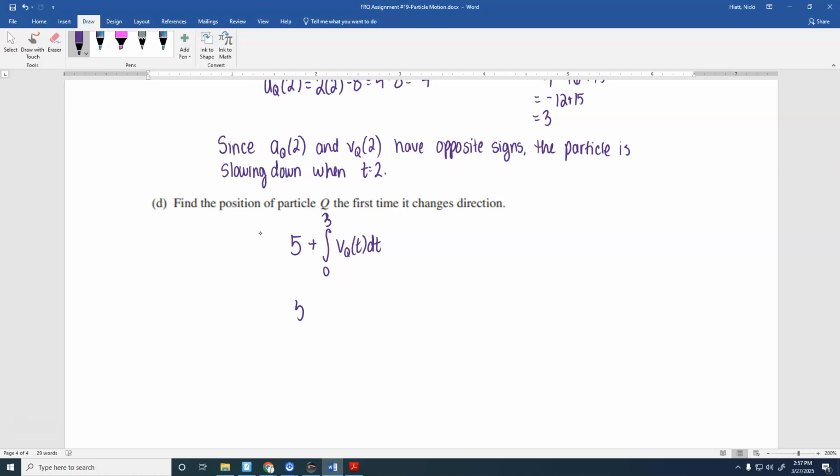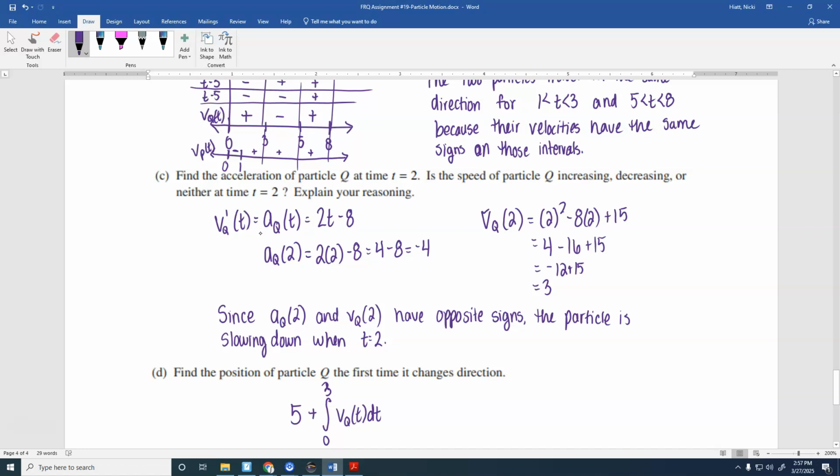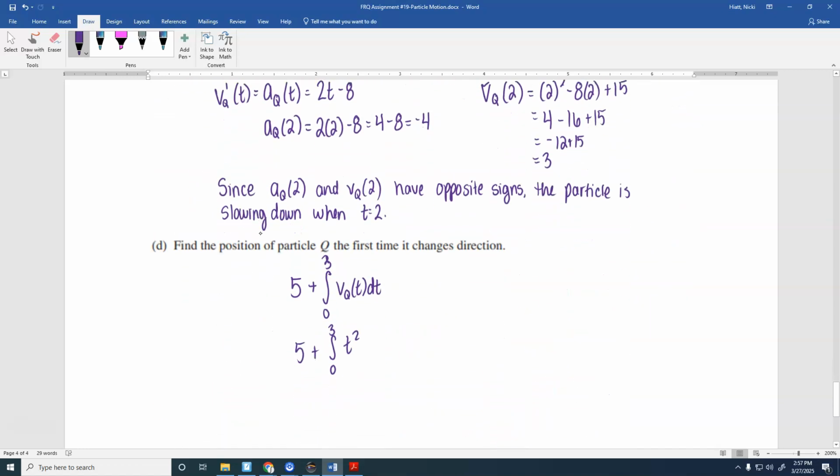And so we would just use that formula for the equation that they gave us, which was t squared, what was it? Minus 8t plus 15. And we will solve this. So we will get t to the third, we got to multiply by 1/3 up front, minus 4t squared plus 15t, and we are evaluating that from 0 to 3.